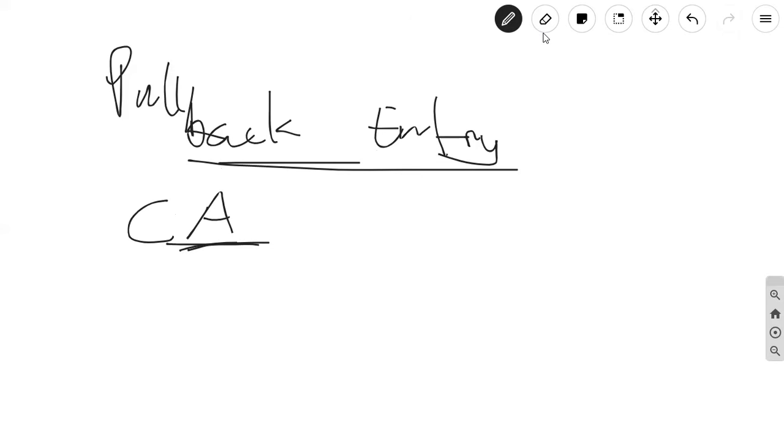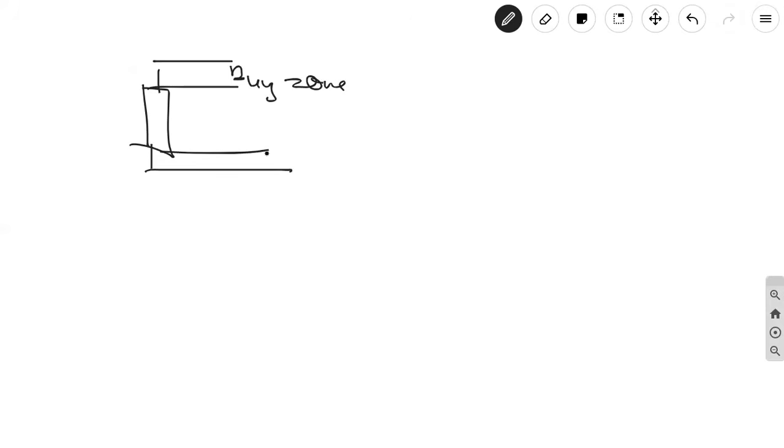Now, you remember in candlestick anatomy, we say every opening and closing is a zone or a level. Here's what we're going to do. Whenever we have a candle opening, you have to know that above here is a buying zone, and below here is a selling zone.